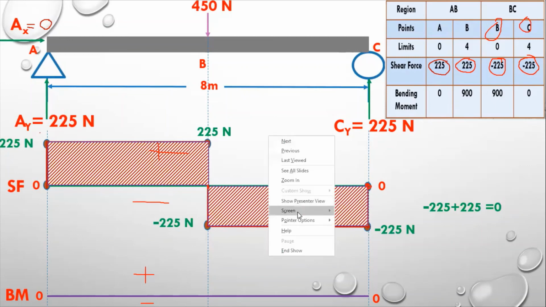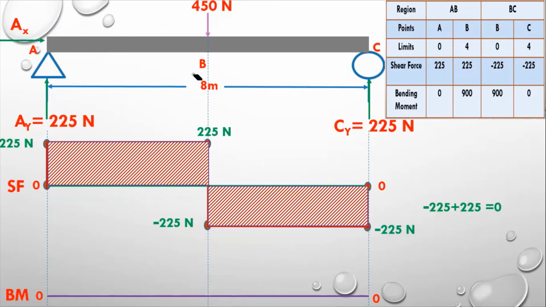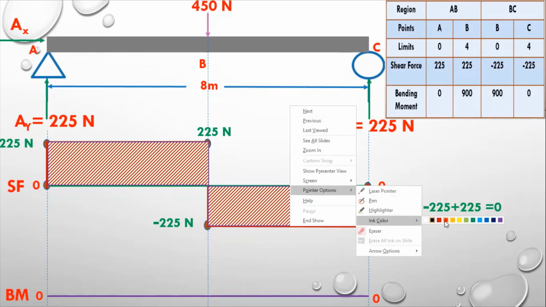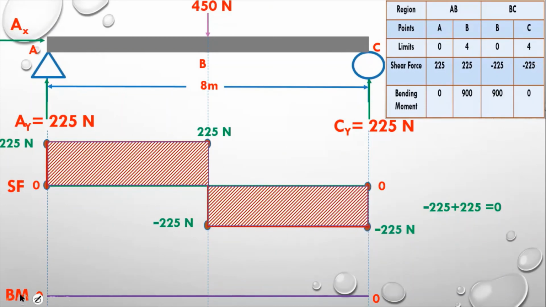So now let me rub all ink from the slide, and now I'm going to draw the bending moment diagram. So how can I make it? Let me tell you. The first point for the bending moment at point A is 0. So at point A it is 0 here, and then I will mark it. The purple circle will show that it is coming out to be 0.